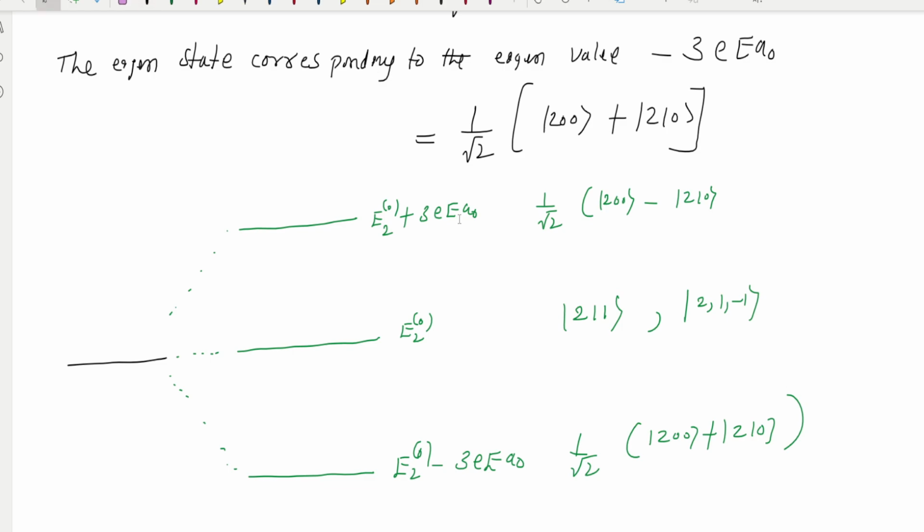One state is parallel to the external electric field, one state is anti-parallel to the field, and two states with zero components along the field. The states 211 and 21 minus 1 do not possess dipole moment and therefore do not have the first order interaction with the electric field. This is all about this first order Stark effect.